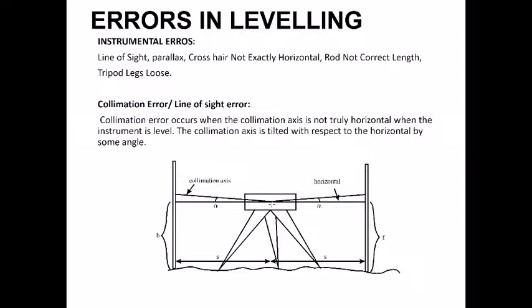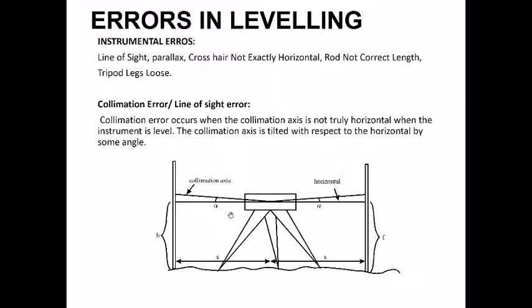But due to some error in the instrument, while your instrument is telling you that it is leveled, the circular bubble is in the center, even then your line of sight might be at an angle. It might not be horizontal. That angular error in your line of sight is called collimation error.